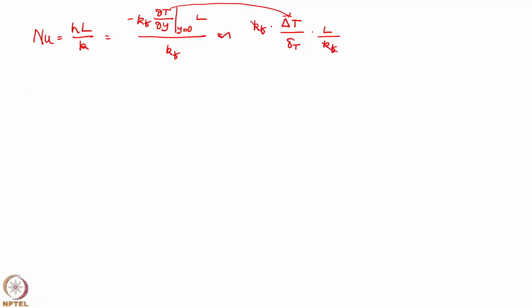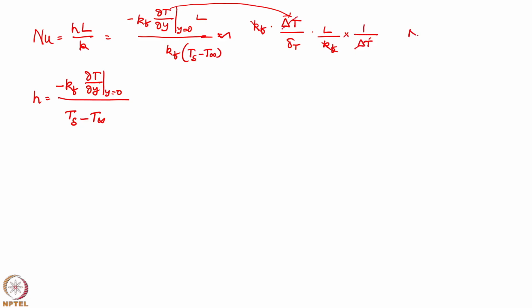This h is minus kf del T by del y at y equal to 0 divided by Ts minus T infinity. So, here I should have one Ts minus T infinity, so this del T gets cancelled out. So, Nusselt number is of the order of L by delta T.